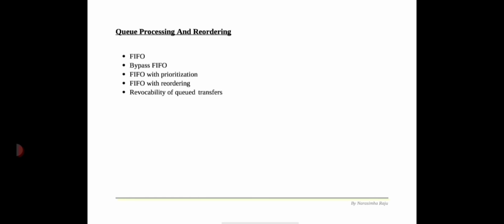For example, if T2 is moved to the end of the queue, all the other transfers, that is T1, T3, T4 and T5, will be settled and only T2 will remain at the end. This reordering produces the same result as bypass FIFO and case 2 under FIFO with prioritization, as described above.